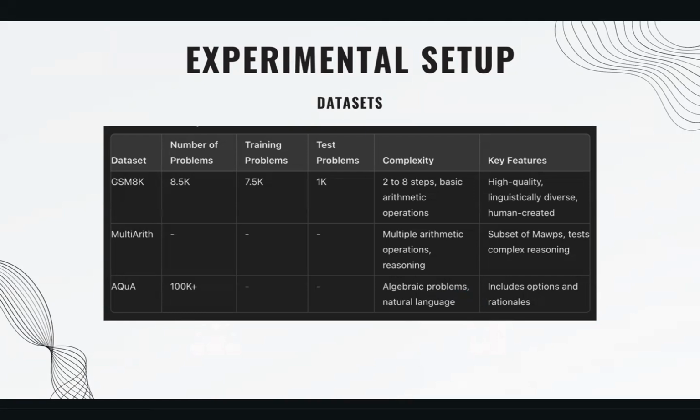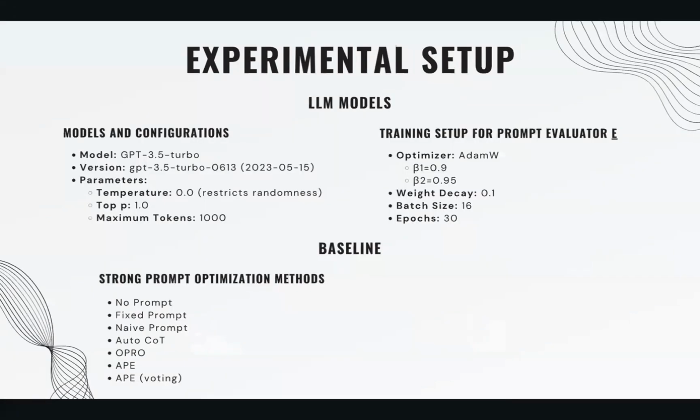For the models and configurations, all the prompt generation and prompt evaluator utilize GPT 3.5 Turbo with temperature 0, top P 1, and maximum tokens 1000.